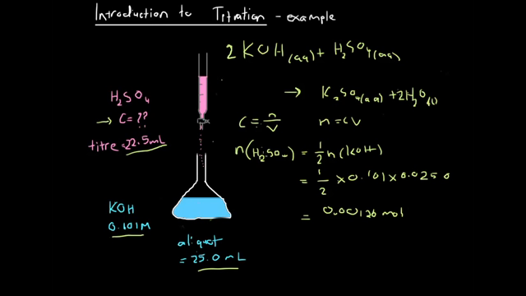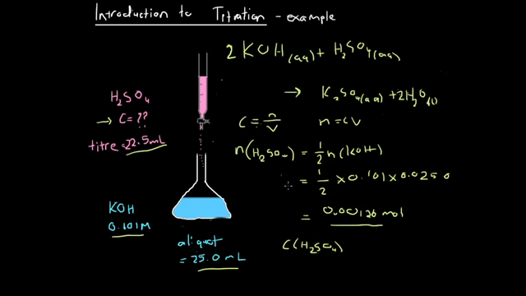We know this mole now, and so now we know the volume of the sulfuric acid as well. So basically, we just sub this value and this value into this equation. The concentration of sulfuric acid is going to equal the mole of sulfuric acid over the volume of sulfuric acid.